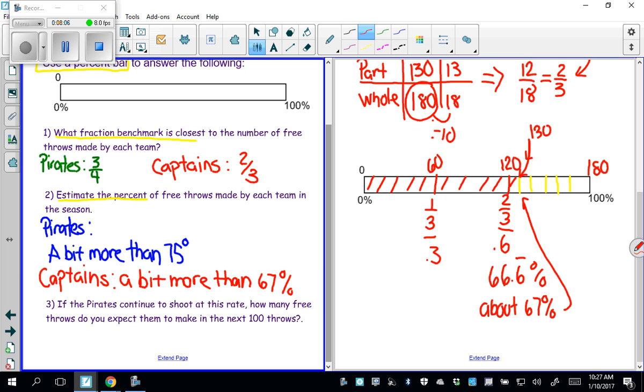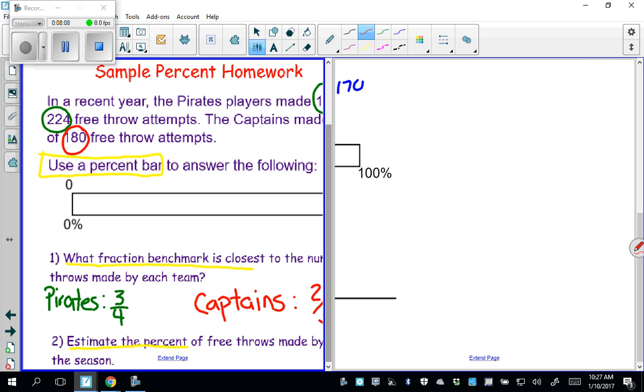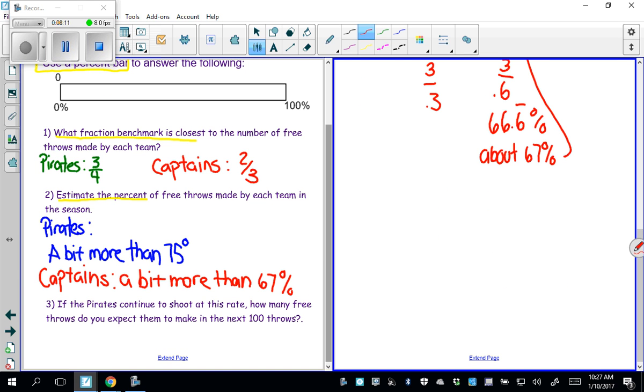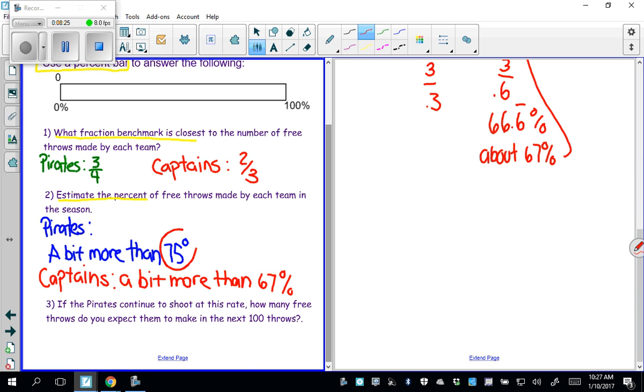Now, we're going to just do the last question. If the Pirates continue to shoot at this rate, how many free throws do you expect them to make in the next 100 throws? So they make about 75%.